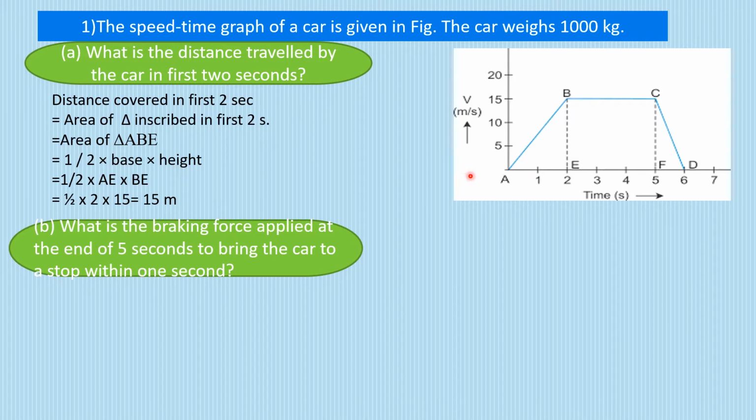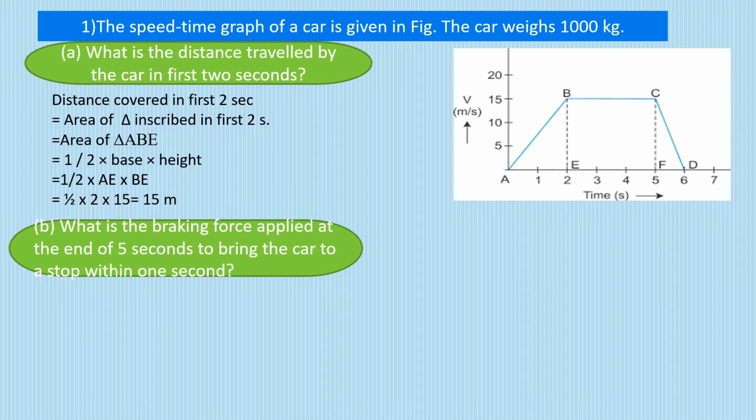Fourth, you have to substitute the base and the height, the naming basically from the graph. So base is AE, height is BE. So AE into BE. Now we are going to substitute the values. AE is 2, BE is 15. So we've substituted half into 2 into 15. 2 cancels out. So the distance covered is 15 meters.